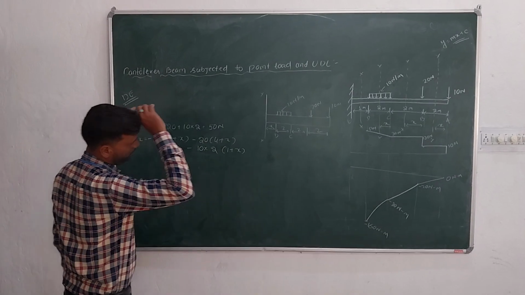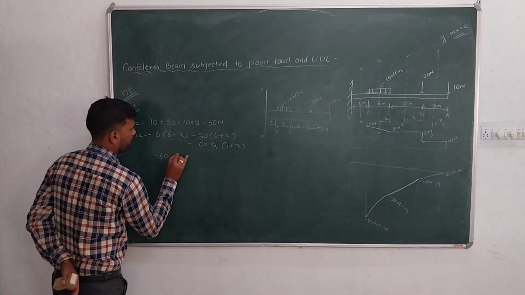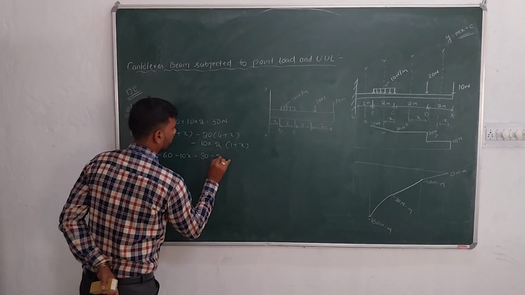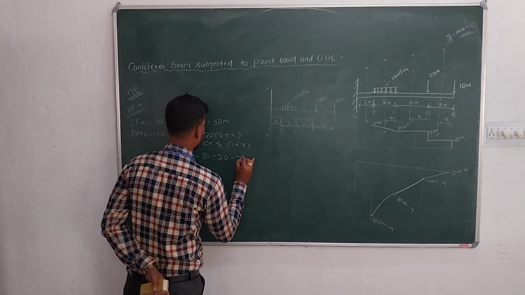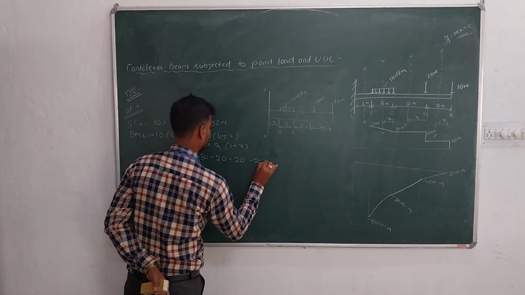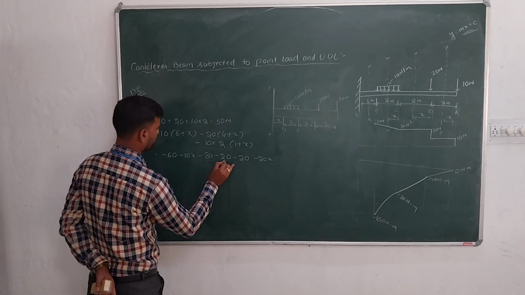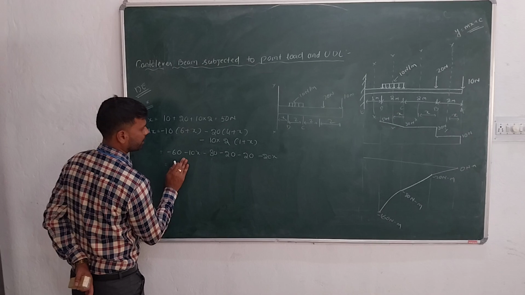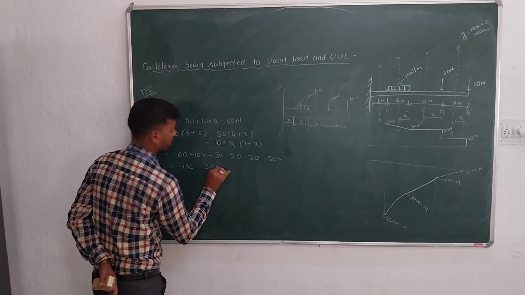This is the bending moment value. So this will be minus 60 minus 10x minus 80 minus 20x minus 20 minus 20x. So 60, 80, 40, that is minus 180 minus 30x.